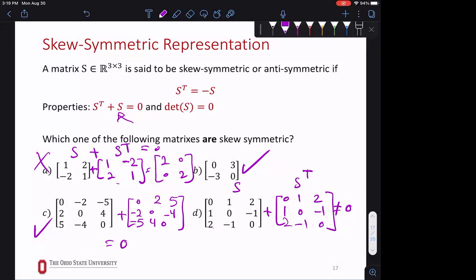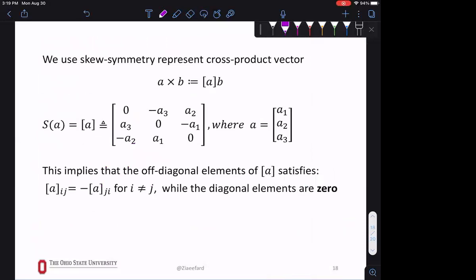This is just a test to find out. You'll find that for a skew symmetric matrix, there is a formula. All the elements on the diagonal are 0. And the off-diagonal elements have this relationship. Now, where do A1, A2, A3 come in? For any vector, here we're in 3D, right?